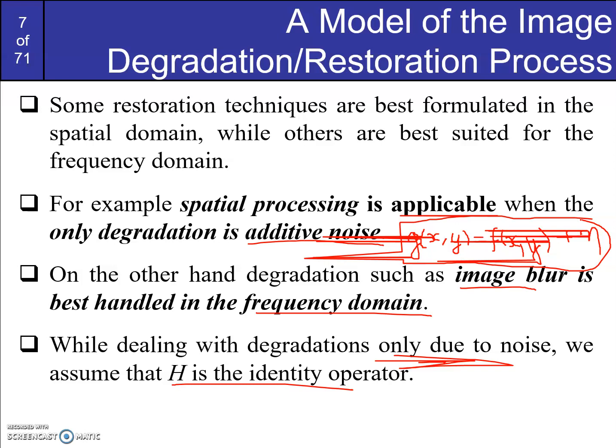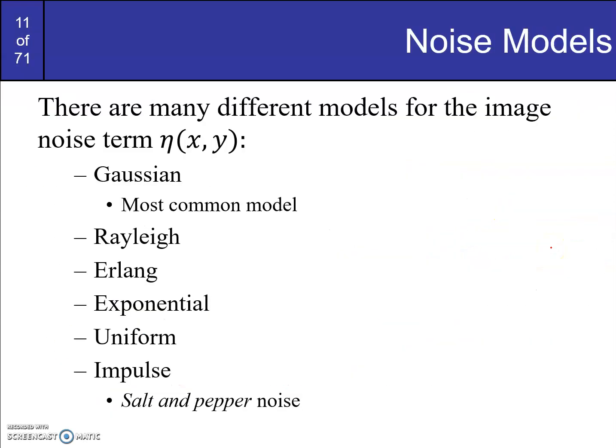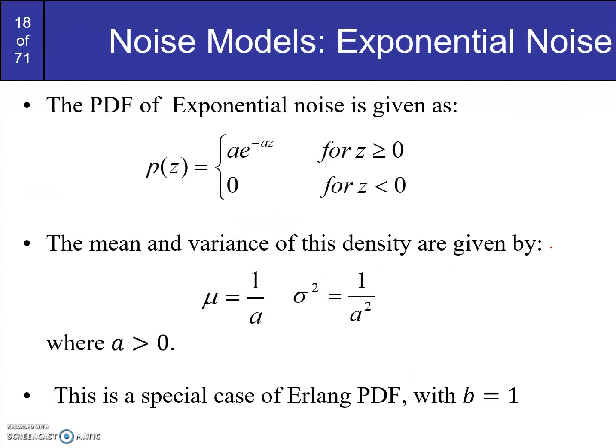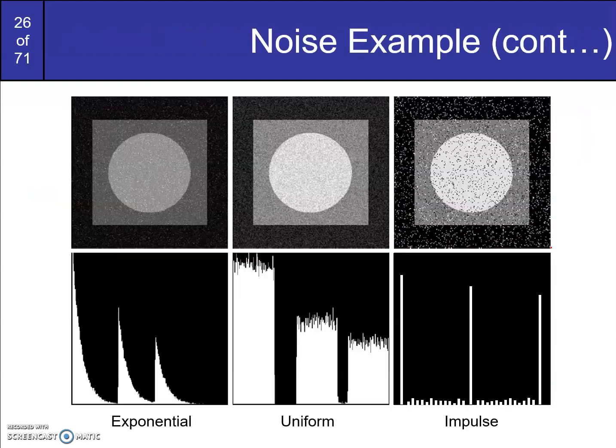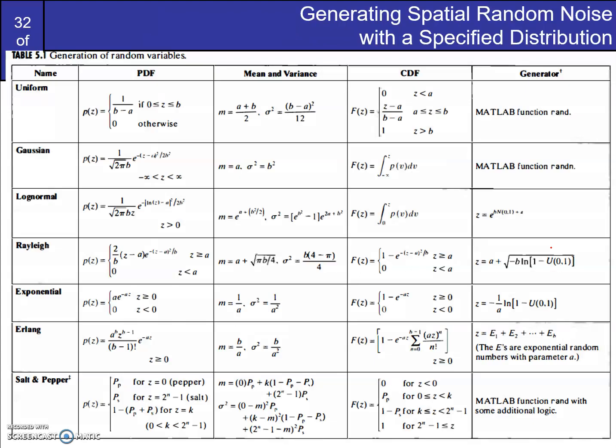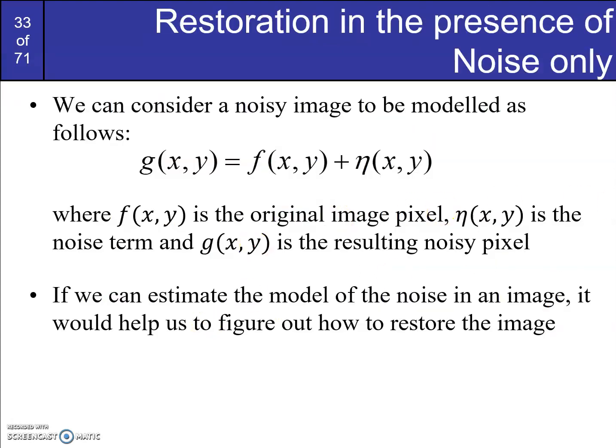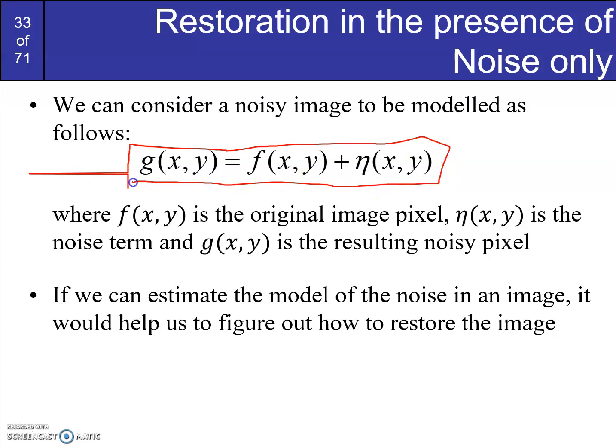Just wait a minute, you'll know what equation I'm talking about. Yeah, this is the equation. This is what will be handled in my spatial domain, where we'll have the H operator as identity.